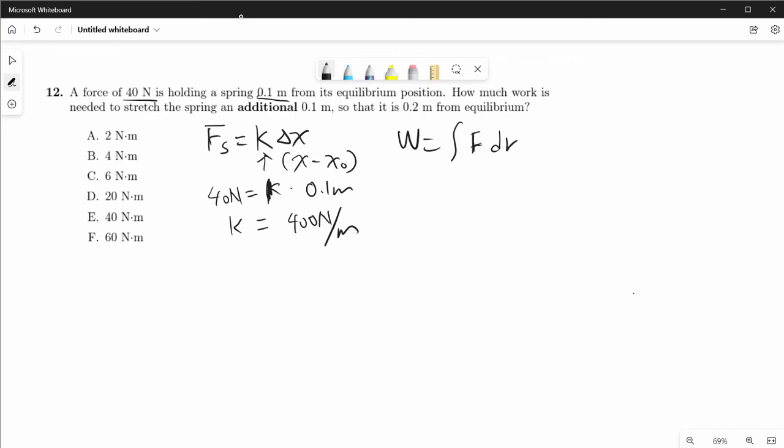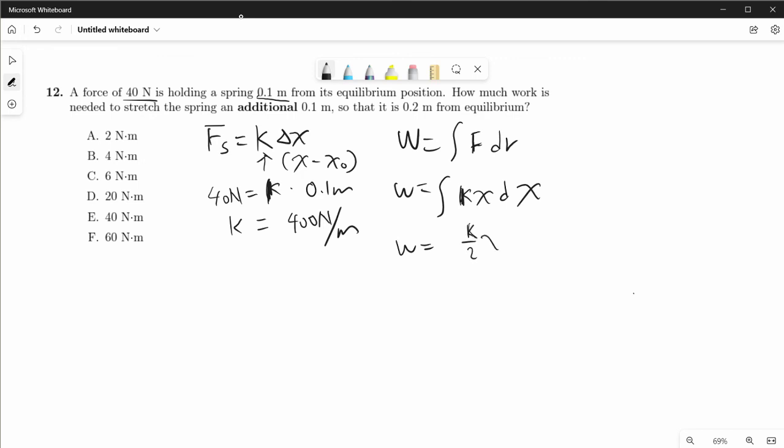So here we just plug in the f, k delta x, or make it simpler, just kx dx, and k is 400 here.